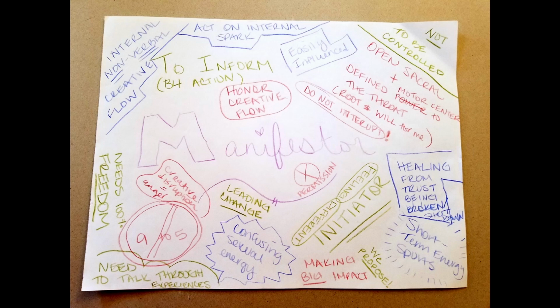And that's why we don't have access to that consistent energy. We have just enough energy to express our creative urges, get them started, and get them out into the world so that somebody else, like a projector, can go in and start to nitpick at it and make it perfect for all of the rest of the generators and manifesting generators to run with in this world.